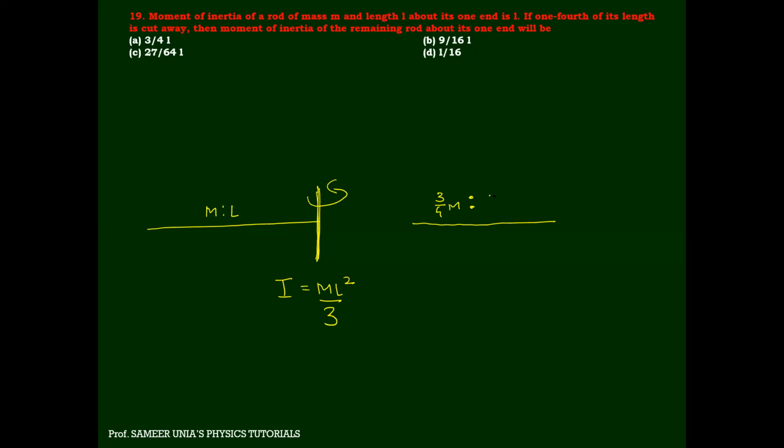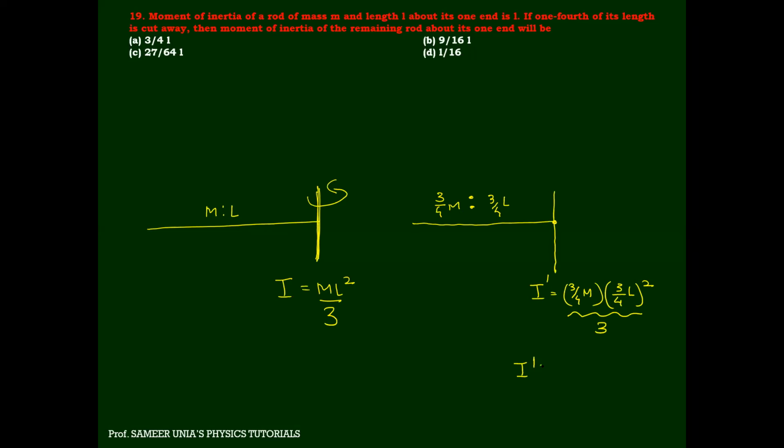And L also has become 3/4 L. Can anyone tell me what is moment of inertia about this end? Now this end will become ml square by 3, but m कितना है? 3 by 4 m. L has also become 3 by 4 L by 3. So this is I dash.